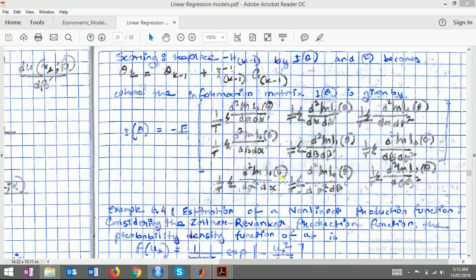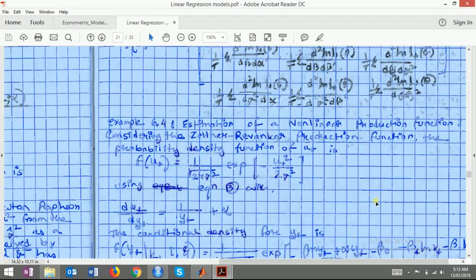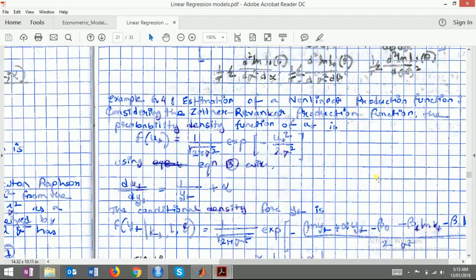So example 6.4, estimation of a nonlinear production function. Let's consider the Zellner-Revankar production function. The probability density function of the residual ut is 1 by root over 2 pi sigma square, exponential of minus ut square divided by 2 sigma square.